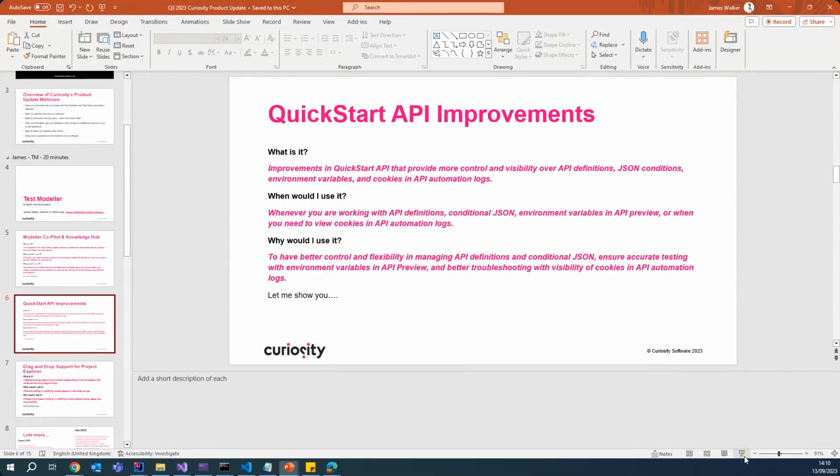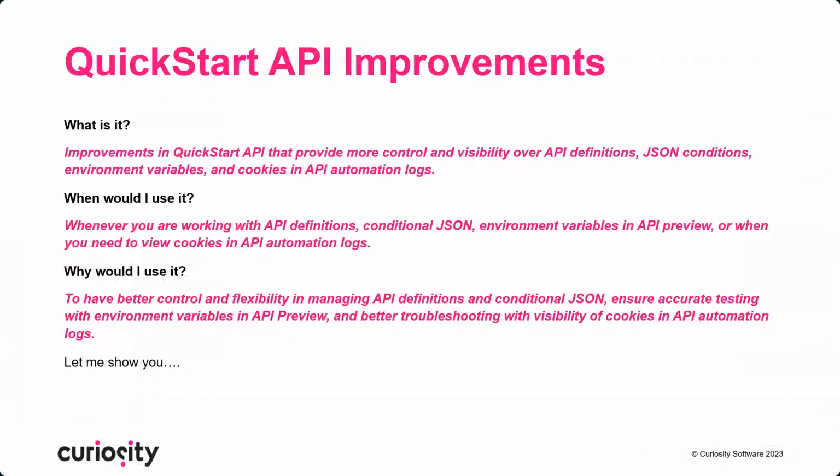The other feature that I want to cover is some of the API enhancements that we've added to our QuickStart framework. We have quite a few users who are using Test Modeler for their API testing. We've also got quite a few customers who have been using technologies like Postman or SOA Test.